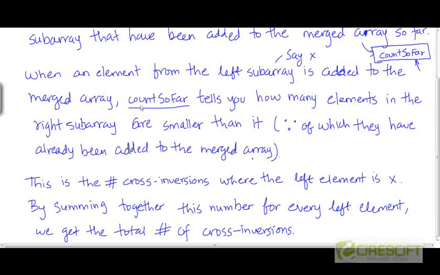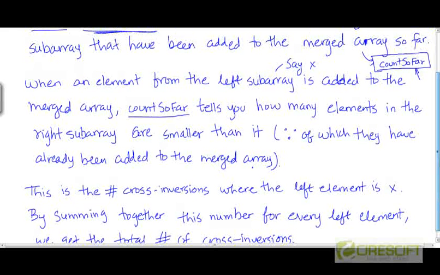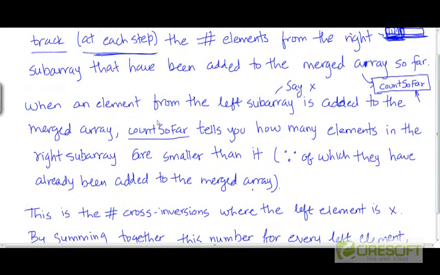So if we know this counter value, we know the number of cross inversions where the left leg is x, or the left element is x. Because x, when paired with each of the elements that the counter has counted, is going to create an inversion.